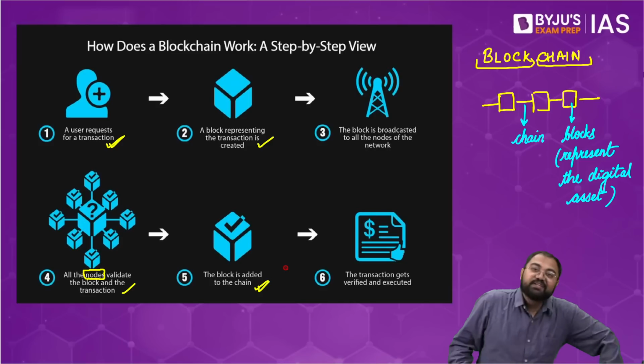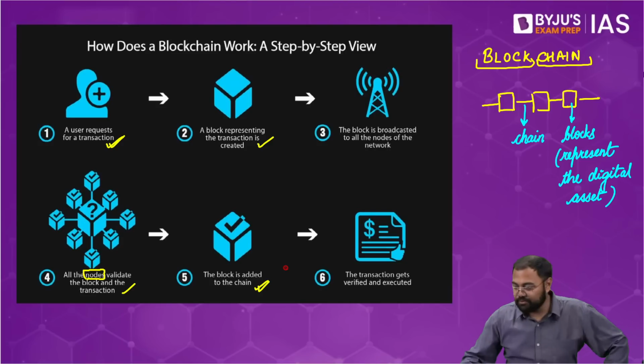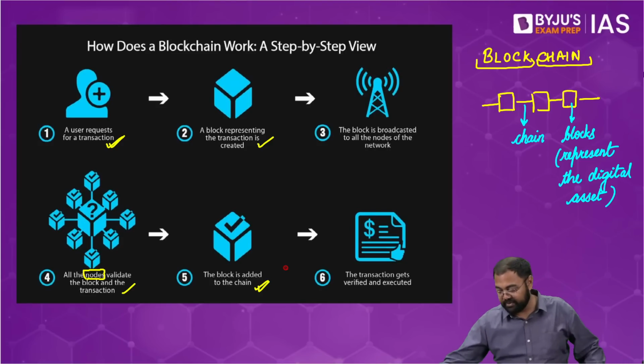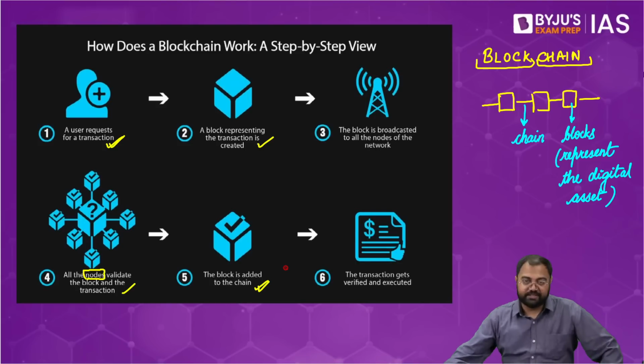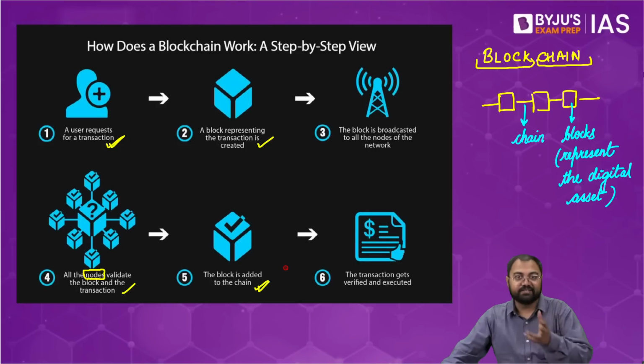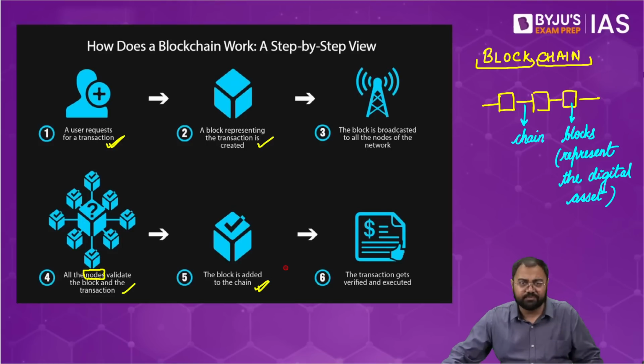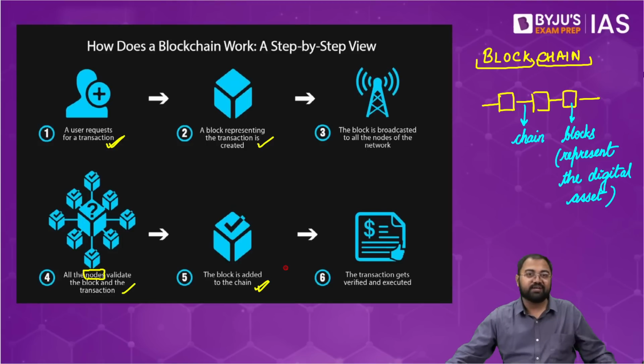So that is why the nodes would do the correct validation. If they do wrong validation, then of course they'll not be paid for it. If they're able to validate the transactions correctly, then they might get some amount of, let's say, cryptocurrency itself, paid for doing the correct validations.